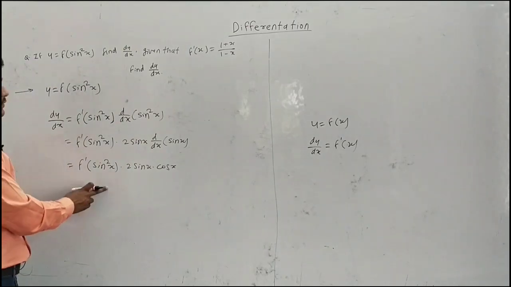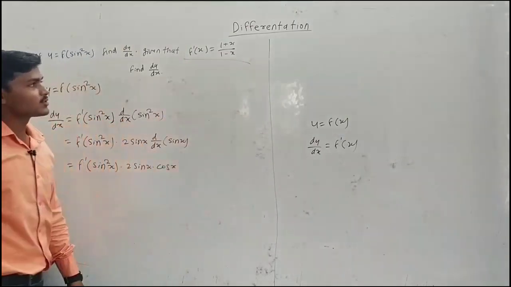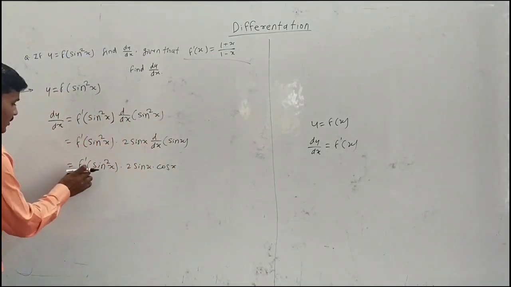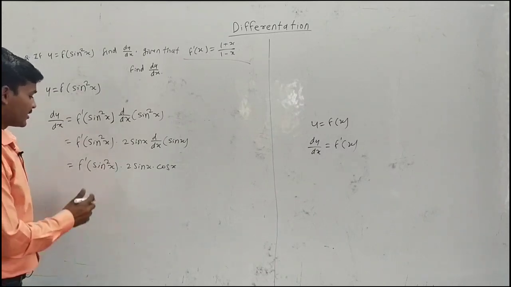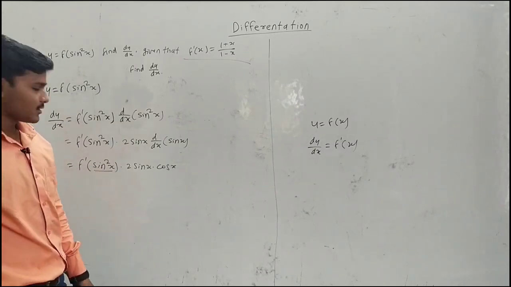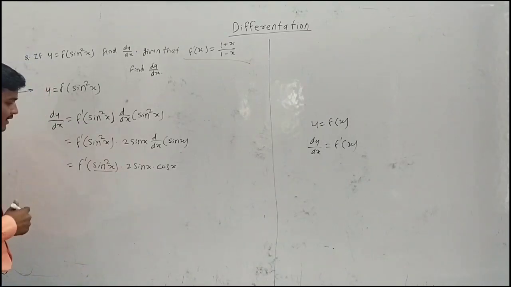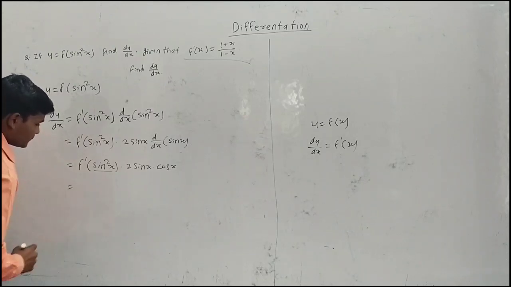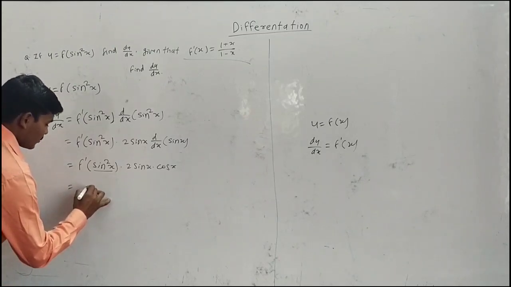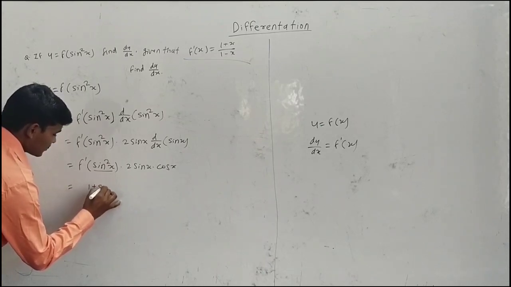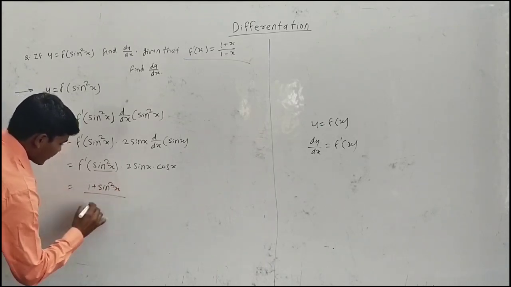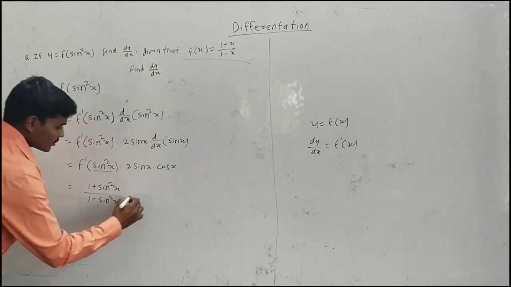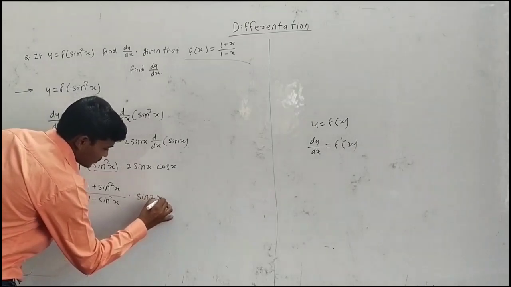Now we are given that f dash of x equals 1 plus x by 1 minus x, and here we have f dash of sine square x, that means x is sin x. We can put x equals sin x, then 1 plus sine square x by 1 minus sine square x into sin 2x.